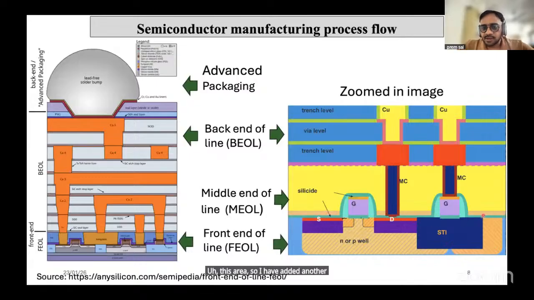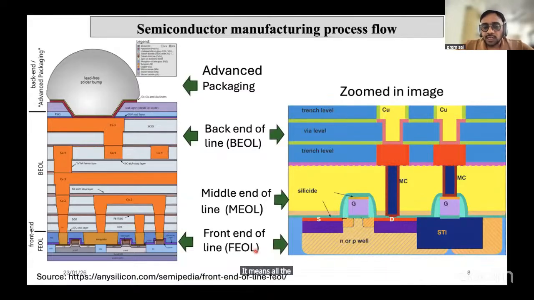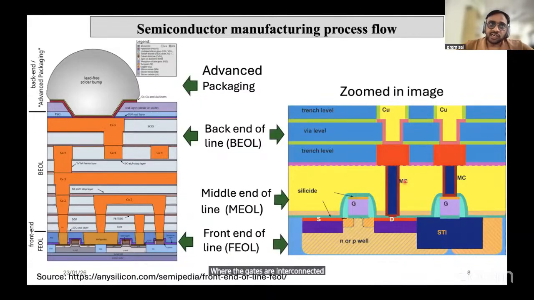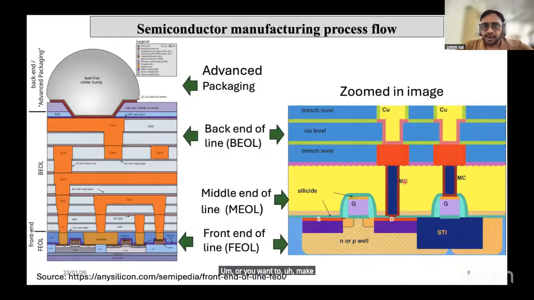If you see, this is a MOSFET. Till the gate is made, you can call that the front end of line, meaning all the processes which come before that fall into the front end of line. Then where the gates are interconnected, let's say to have a functionality like a CMOS inverter, or you want to make it a current mirror or something, they are all connected in the middle end of line, and then there is something called back end of line.